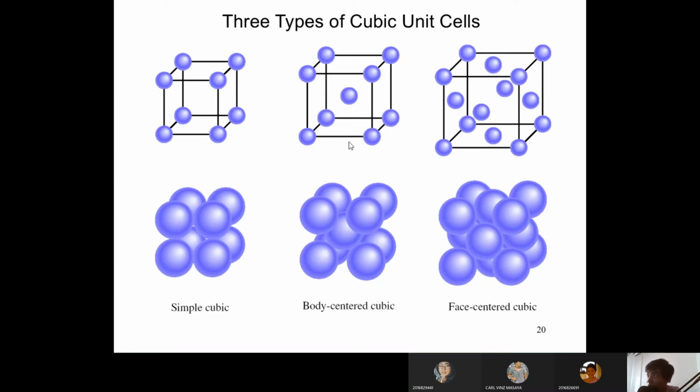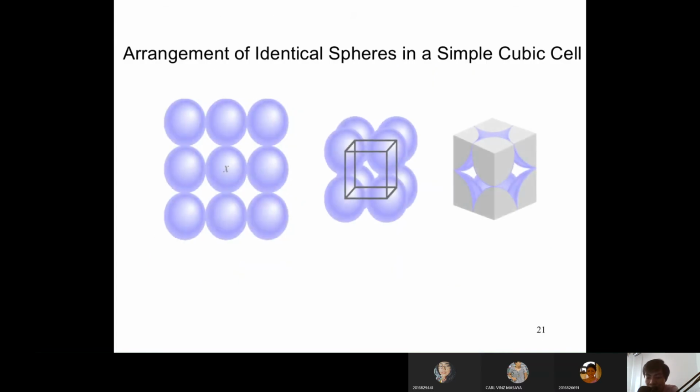Imaginary yan. Pag body-centered, you have the atoms at the corner of the cube and you have an atom inside the imaginary cube. Pag face-centered, you have an imaginary cube and all its faces will also have one atom in there. So yan yung pattern na sinusundan nila.